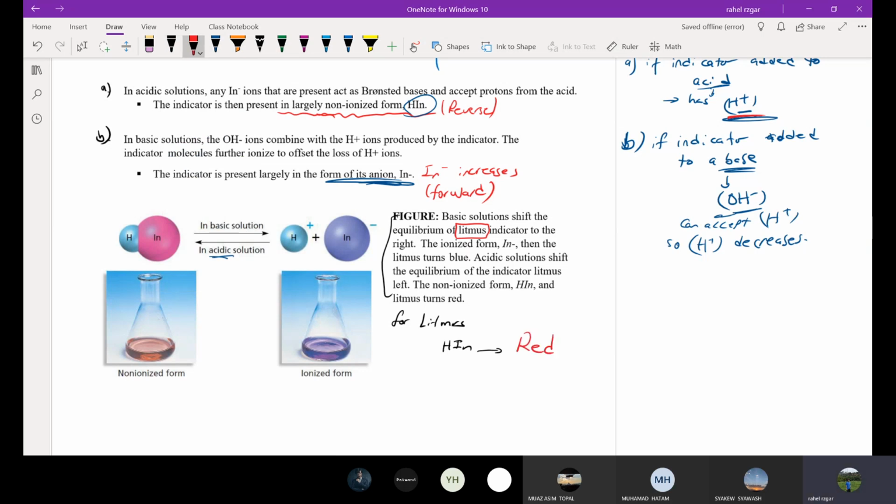HIn is red. But litmus, if it becomes In, it will have the color blue.